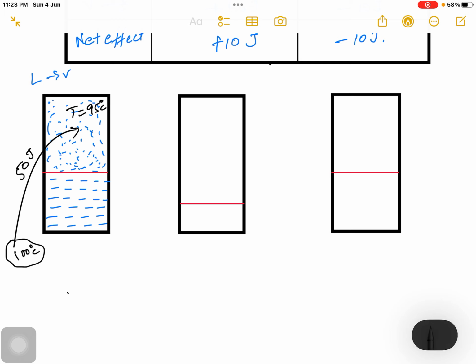Again this vapor is converted into liquid. This is the vapor at the beginning we gained it.